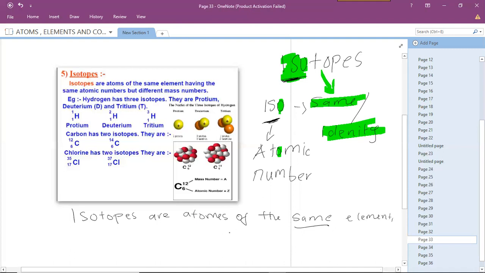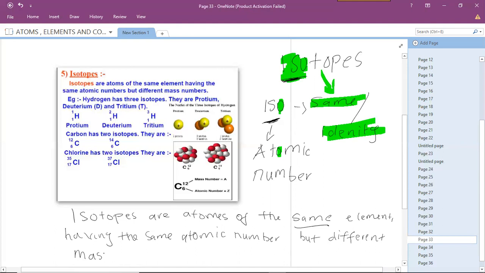Then you're going to say, what do they have in common? Having the same atomic number, but different mass number.